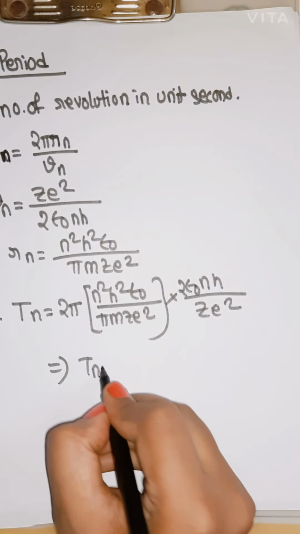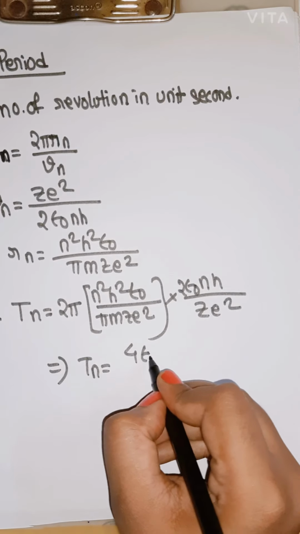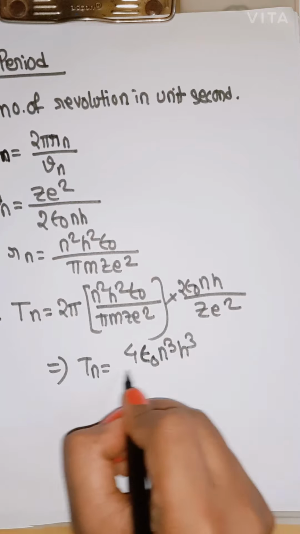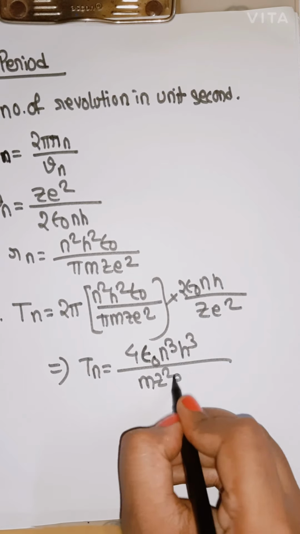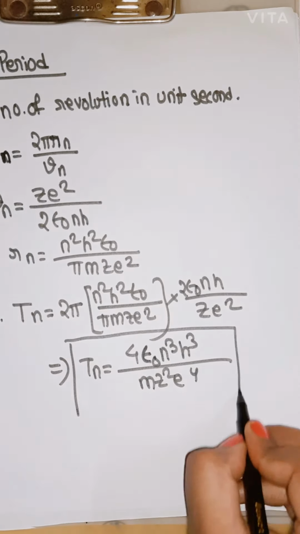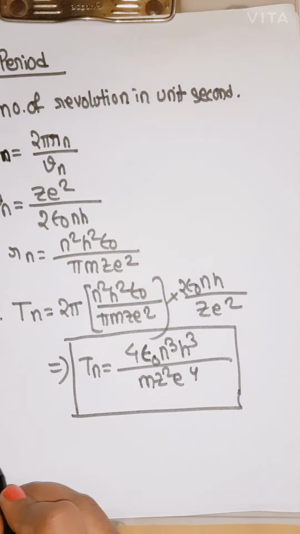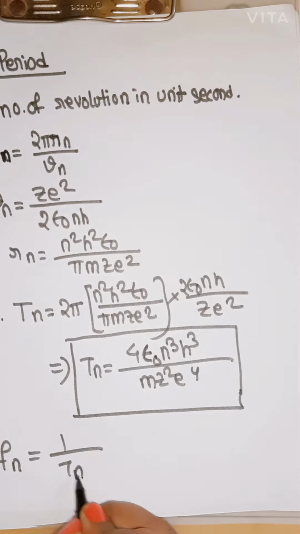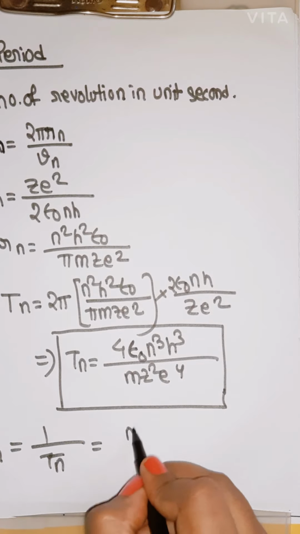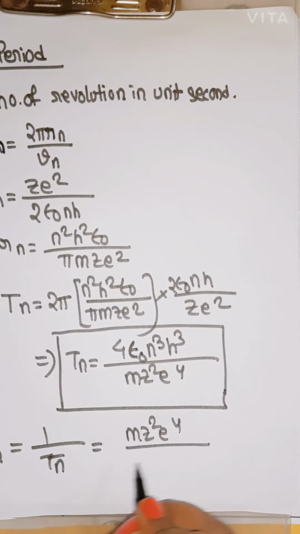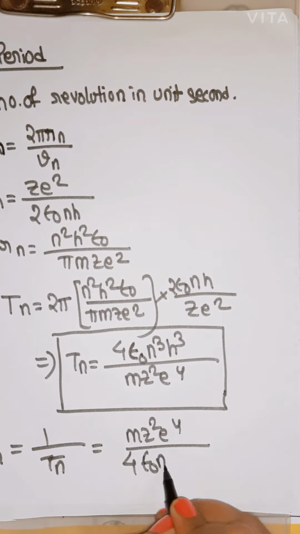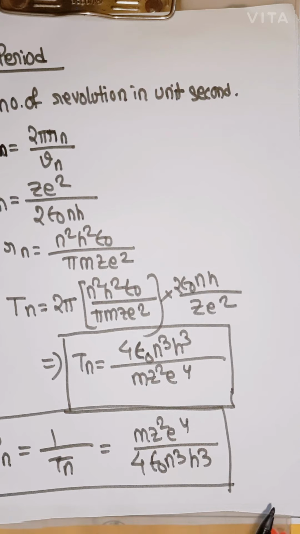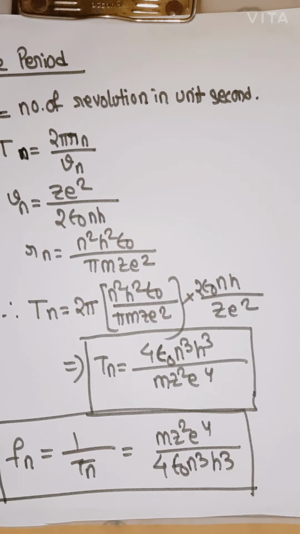Which implies Tn is equal to 4 epsilon naught square n cube h cube by m Z square e to the power 4. So this is the time period, and the frequency of revolution is equal to 1 by Tn, therefore equal to m Z square e to the power 4 by 4 epsilon naught square n cube h cube. These are the important terms we must remember.